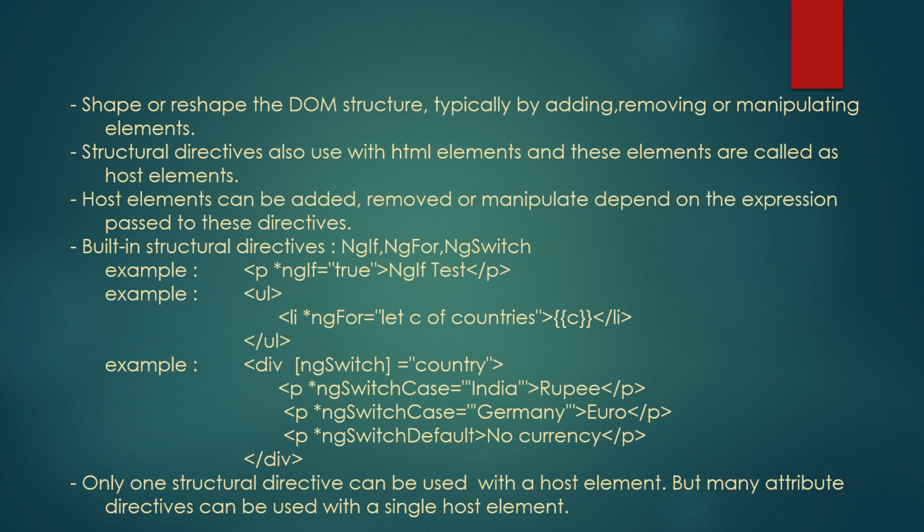If any value matches, then the specific host element will be added to the DOM and it will be displayed on the browser. We can define the default case also, where no match occurs. This default host element will be added to the DOM and displayed on the browser.